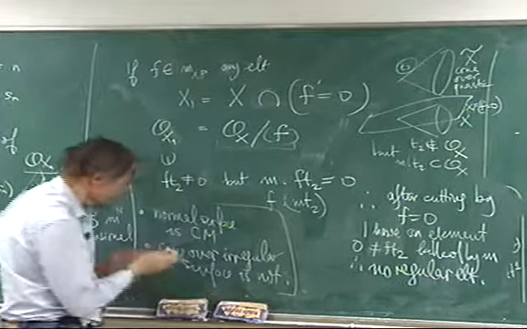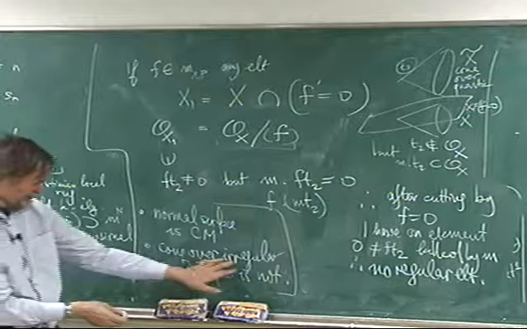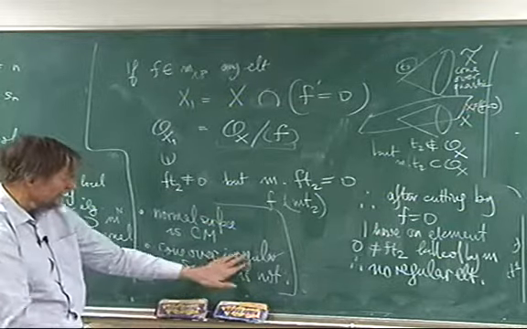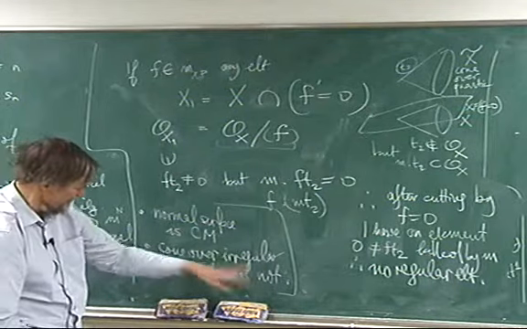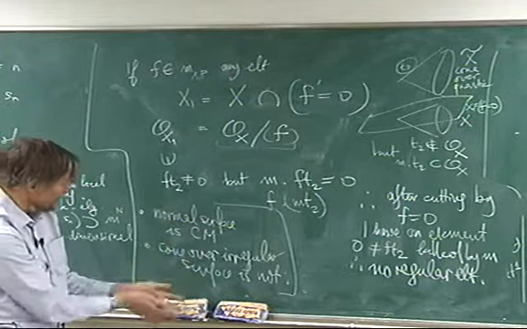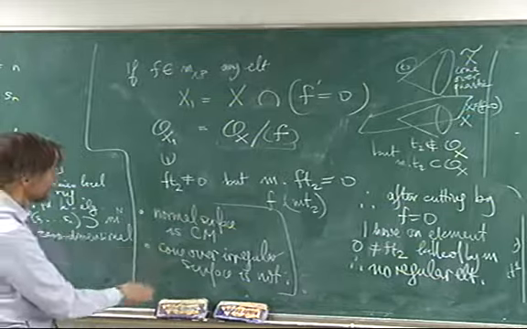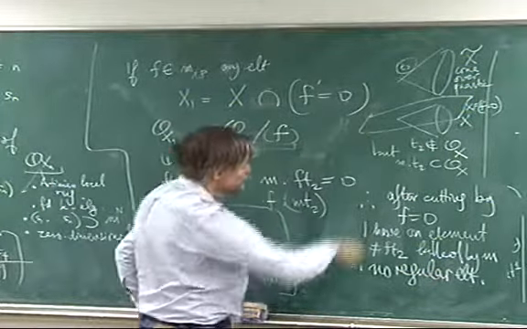I take an irregular surface, for example an abelian surface, an abelian variety, or a ruled surface of positive genus. Then when I cut it, I'll have one of these varieties like this, which is not normal.